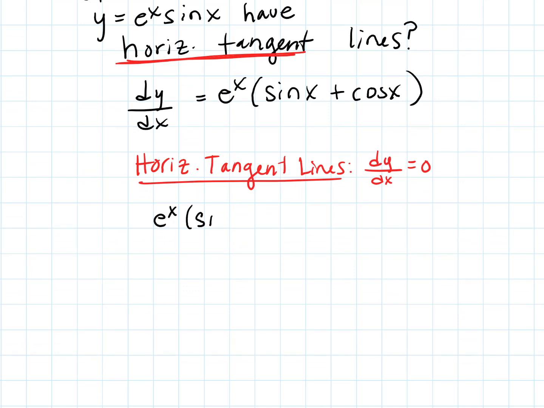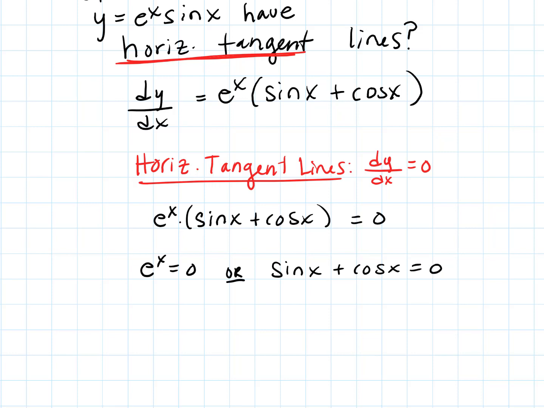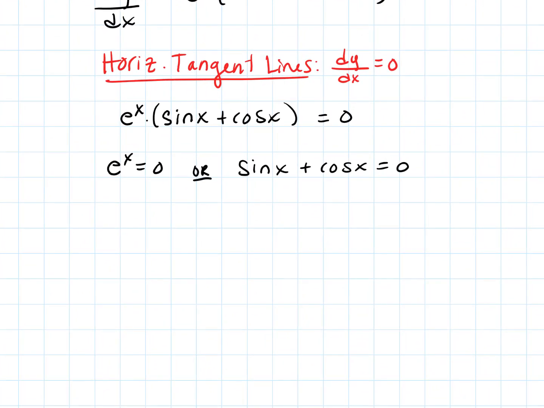When would e to the x times the sine of x plus the cosine of x actually be equal to 0? Well, it's a product, so this is going to happen when e to the x equals 0 and when the sine of x plus the cosine of x equals 0. Well, e to the x is an exponential function, and an exponential function is always greater than 0. So there are no values here.